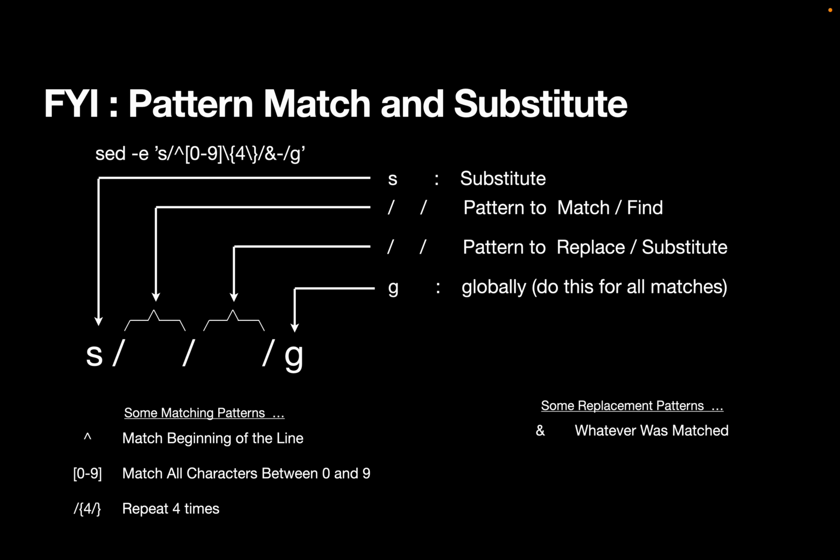So 0, 1, 2, 3, 4, 5, 6, 7, 8, 9. And we're going to look for 4 repeating occurrences of that 0 through 9 number. So we're going to look for basically 4 numbers. And anytime we see 4 numbers, we're going to substitute that with whatever we found plus a dash. And we're going to do that globally.